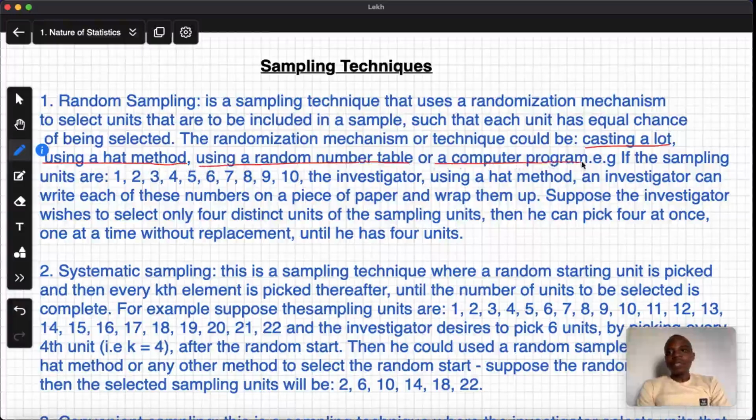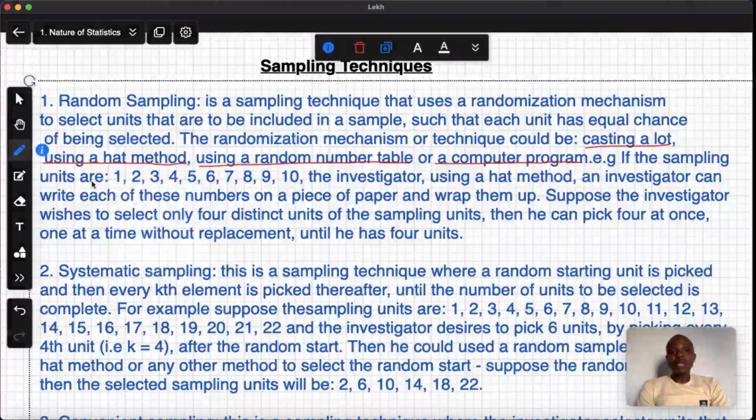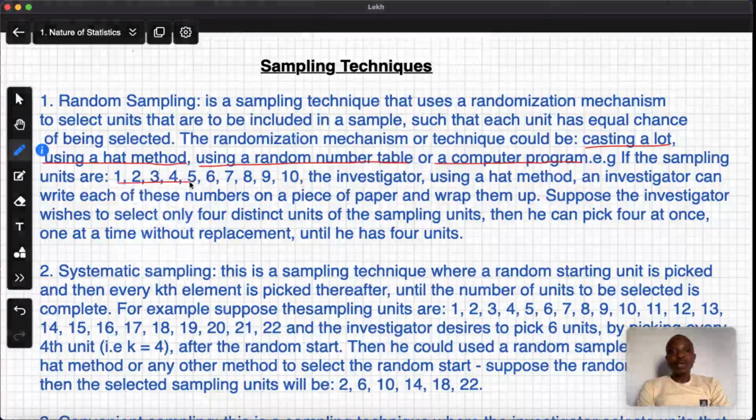All right. So if, for instance, we have units in our population, units 1, 2, through to 10, and the investigator uses a hat method, he may decide that, okay, I want to pick 4 units alone. So using a hat method, he will write each of the units on a piece of paper, wrap them, put them in a hat and begin to shuffle.